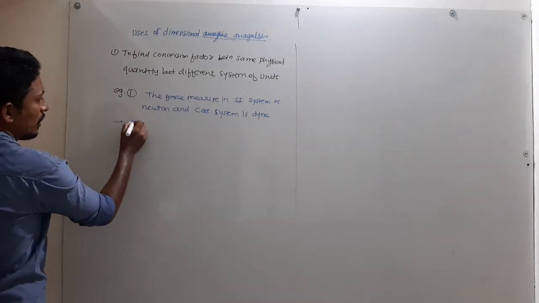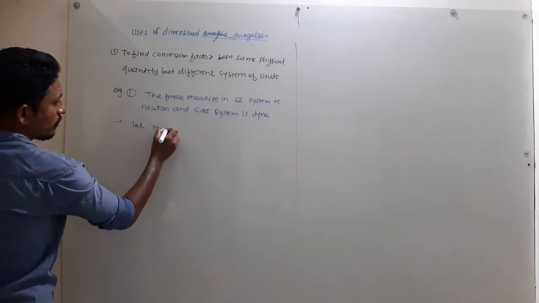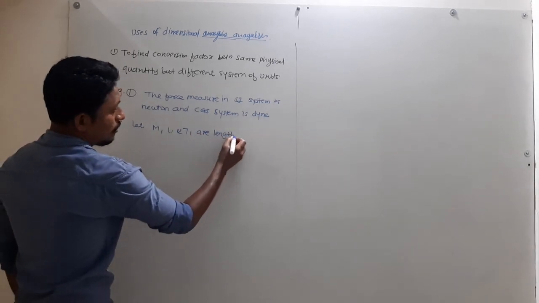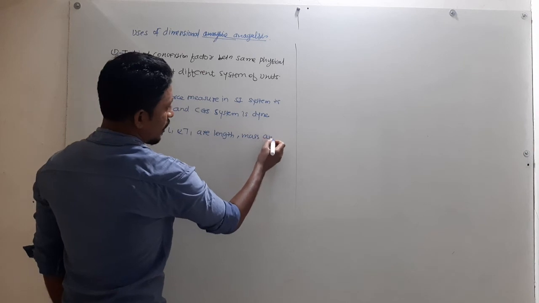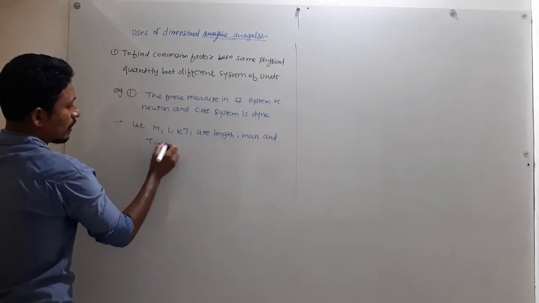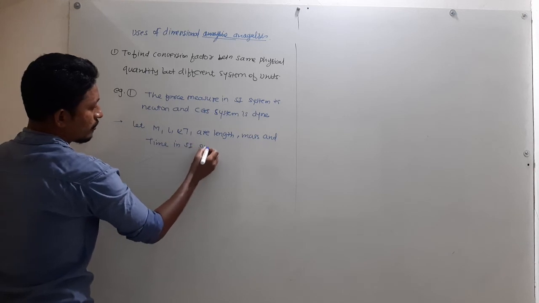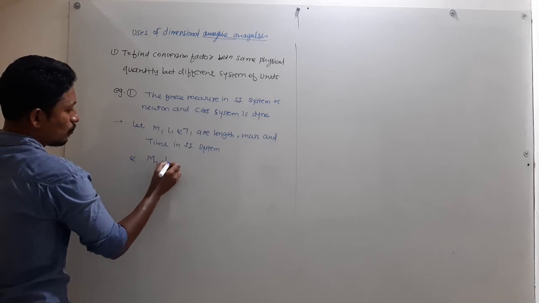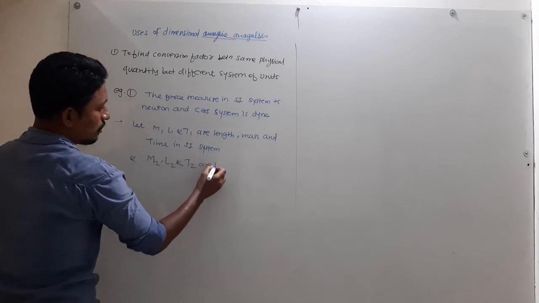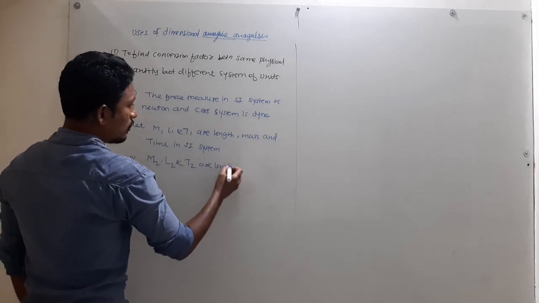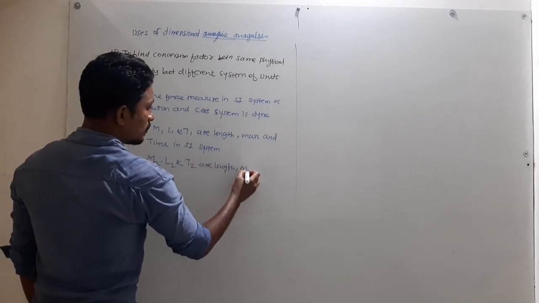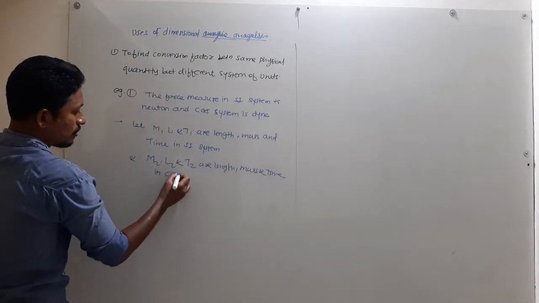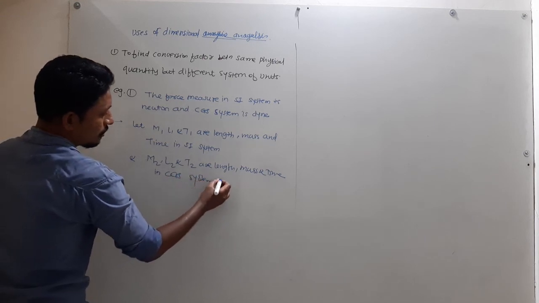Let M1, L1 and T1 be the mass, length and time in SI system, okay, and M2, L2 and T2 be the mass, length and time in CGS system respectively, right?